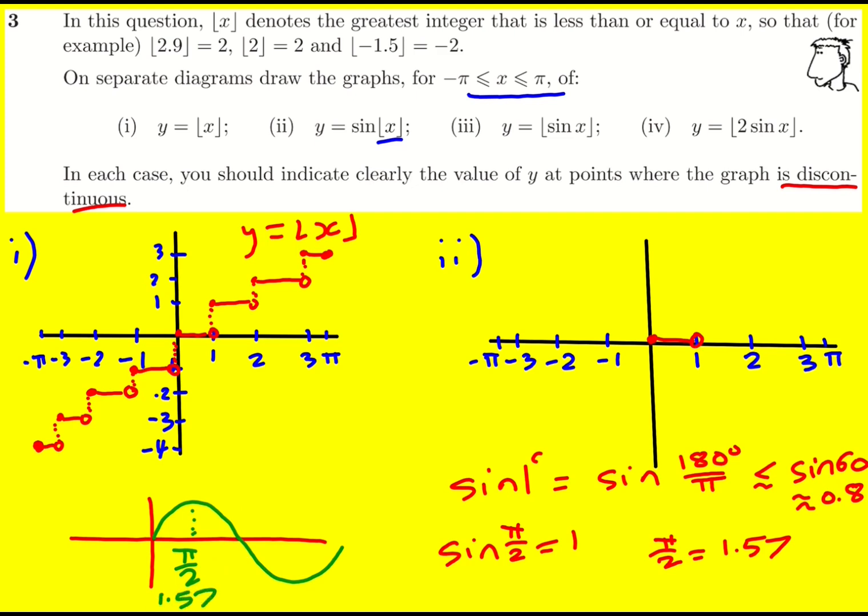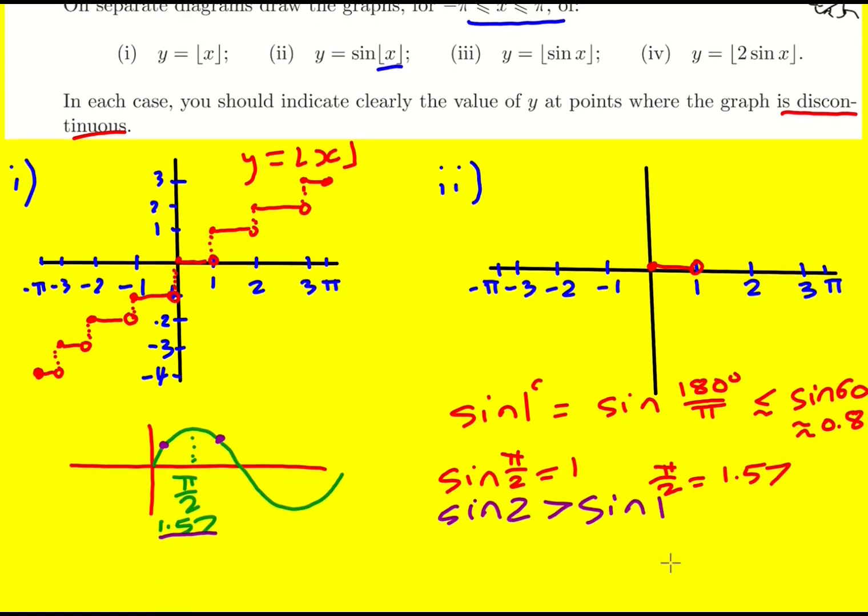Now we can see sine is symmetric about this. So sine 2 is going to be slightly higher than sine 1 because this is closer to 2 than to 1. That's a useful result, and that will be expected on our diagram: sine 2 greater than sine 1. Sine 3, meanwhile, is going to be close to sine pi, which is 0. So sine 3 will be smaller.